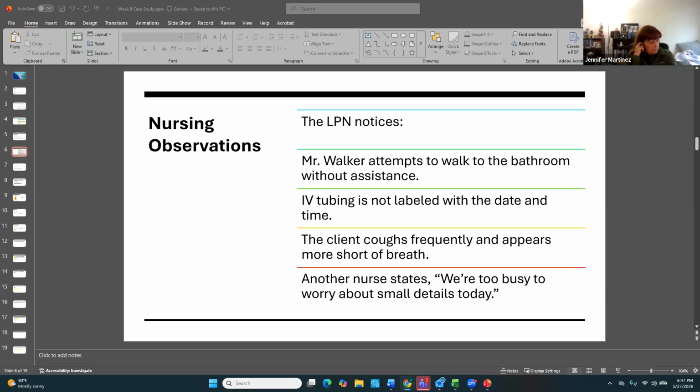What else? The client coughs frequently and appears short of breath. Okay. And then this is like the worst statement I've seen on here, right? We're too busy to worry about small details today. So I'm trying to figure out what the small details are. Depending on what they're given, if it's normal saline and it's continuous, depending on hospital protocol, this doesn't need to be changed every day.